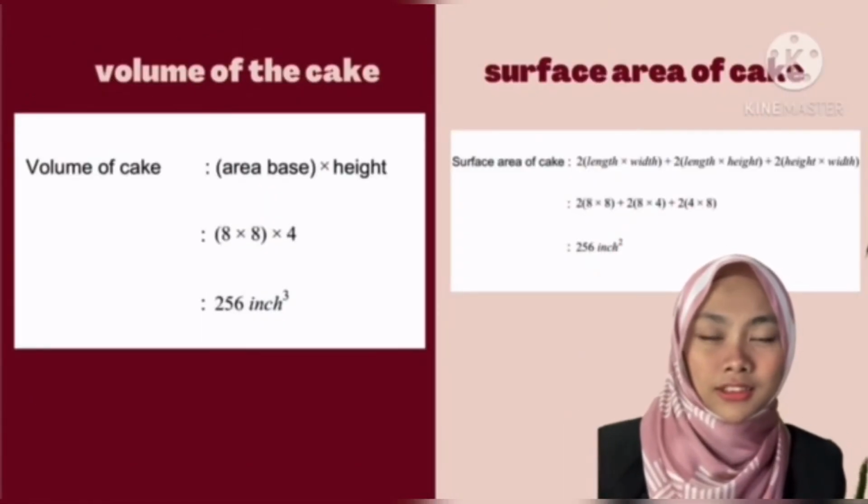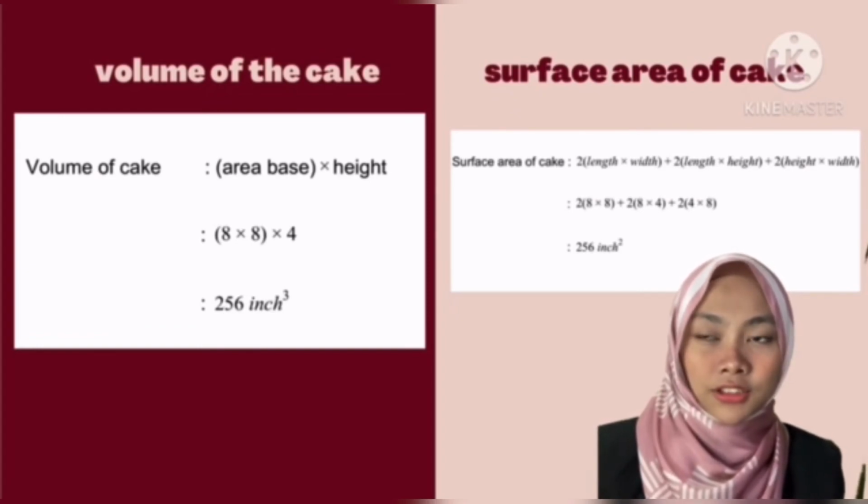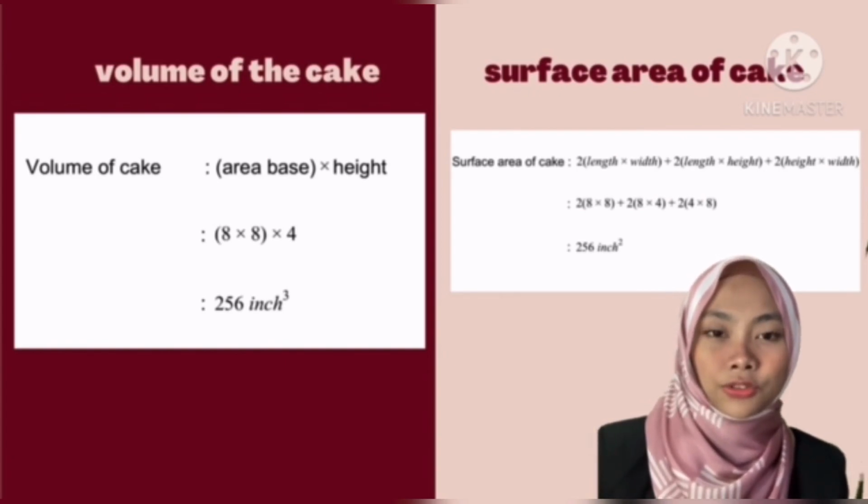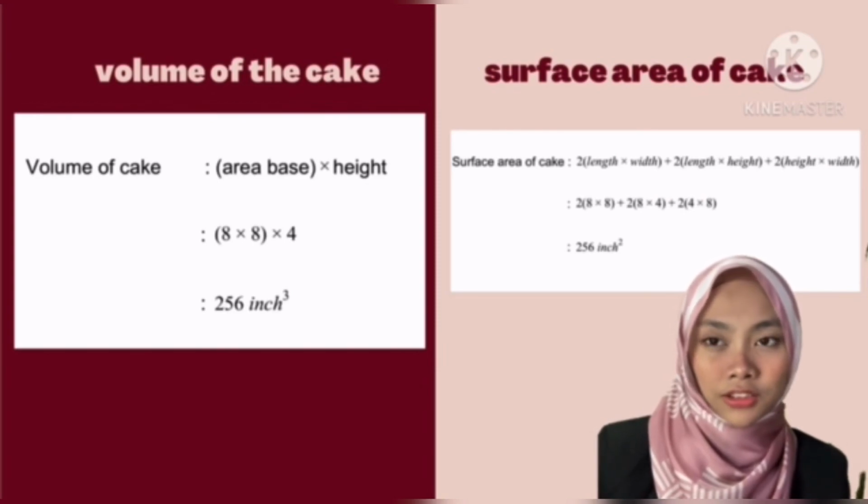This is the answer for the volume and surface area of the red velvet supreme cake. The answer of the volume is 256 inches cubed and the answer of the surface area of the cake is 256 inches squared.